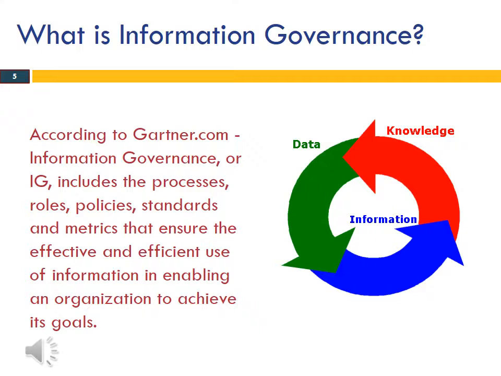So what is information governance? According to Gartner.com's definition, information governance includes the processes, roles, policies, standards, and metrics that ensure the effective and efficient use of information in enabling an organization to achieve its goals. IG is about managing data elements themselves, not their uses or information technology components such as hardware and software.